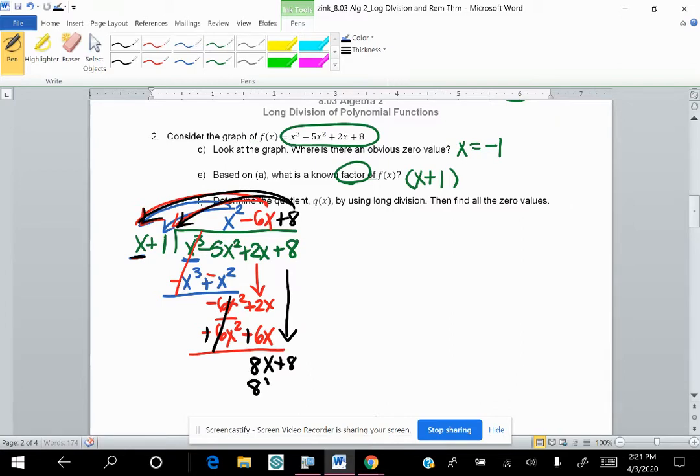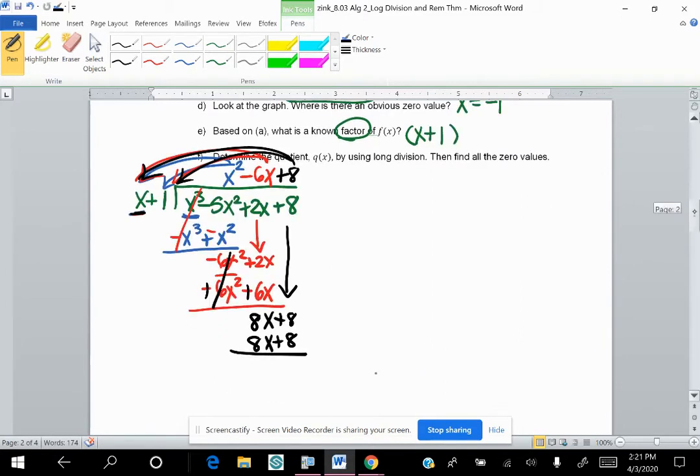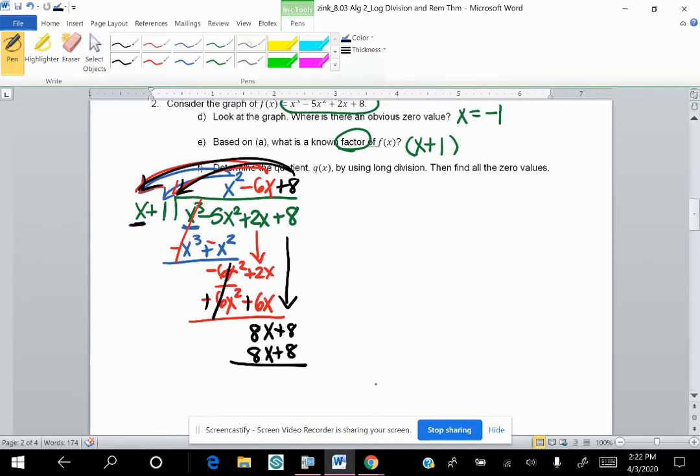So now I have 8x plus 8. And I'm subtracting that whole thing, so I'm going to change my signs. And look at that, everything cancels out. Again, we have a 0 for your remainder, so no remainder, which means x plus 1 is a factor of f of x because it will divide in evenly without a remainder.